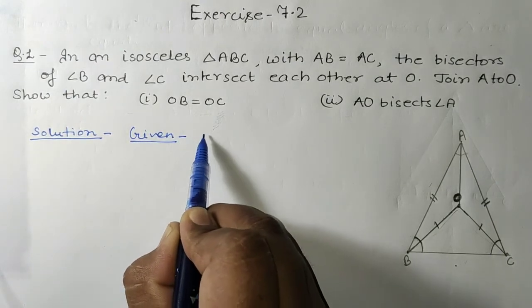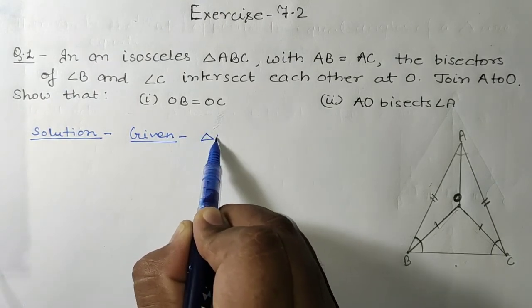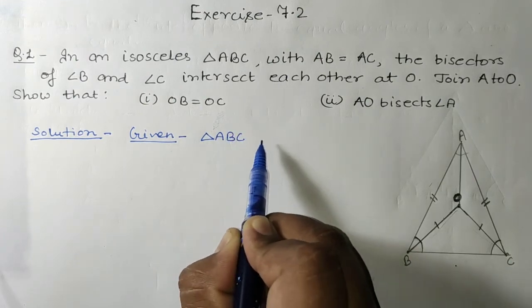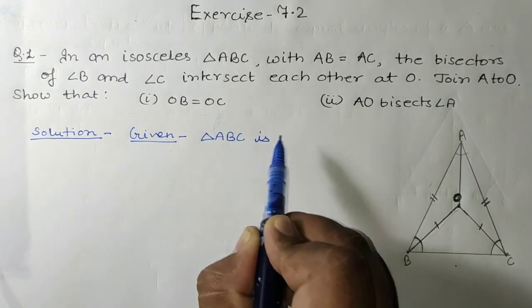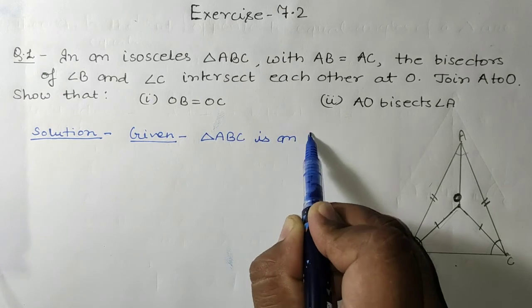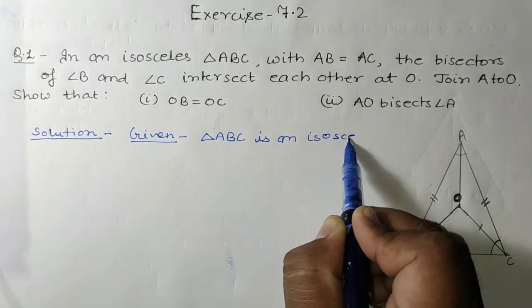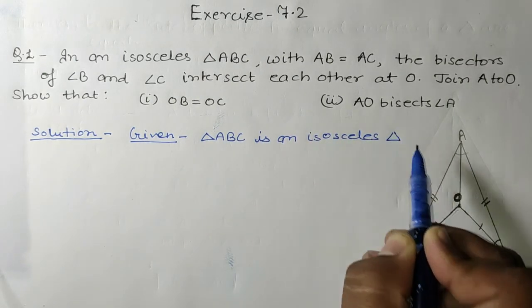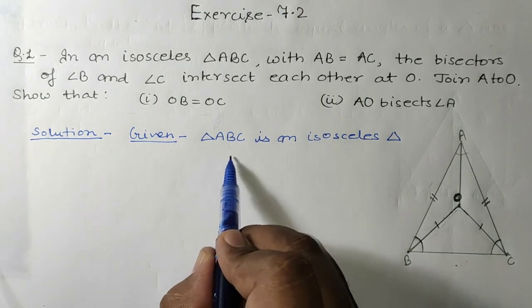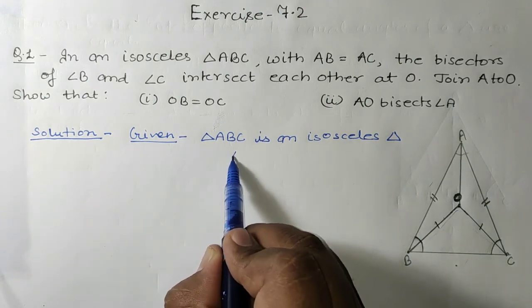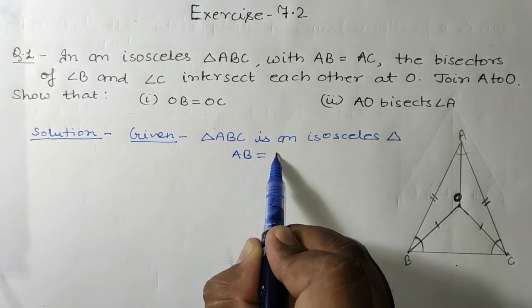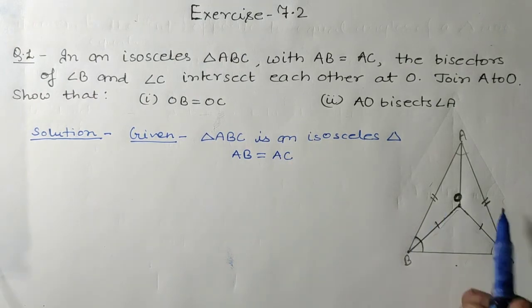It is given that triangle ABC is an isosceles triangle. If it is an isosceles triangle, then in this triangle two sides are equal, that is side AB is equal to AC.